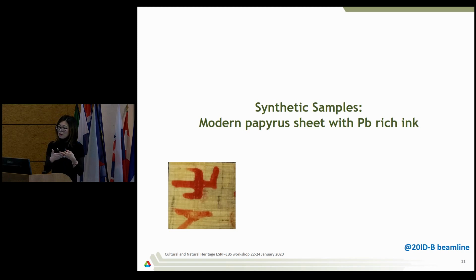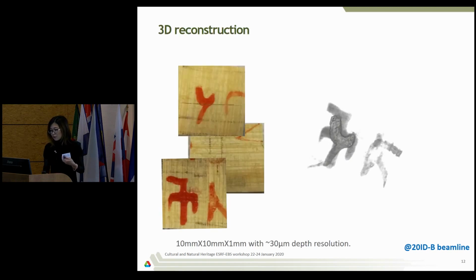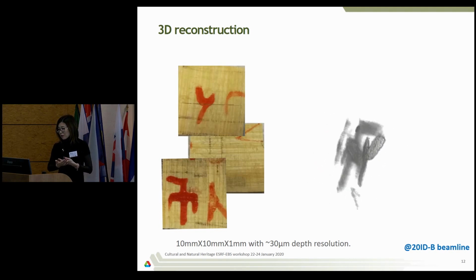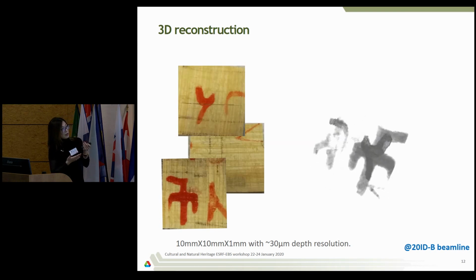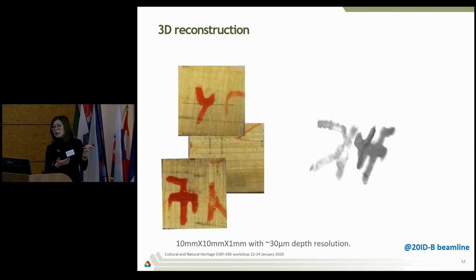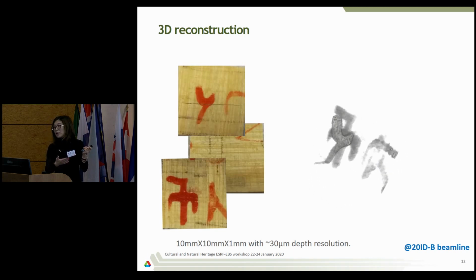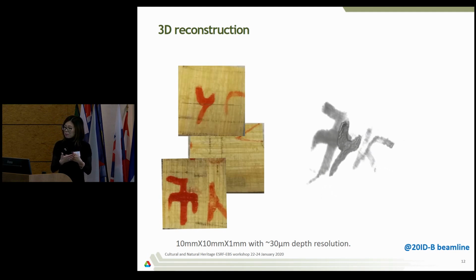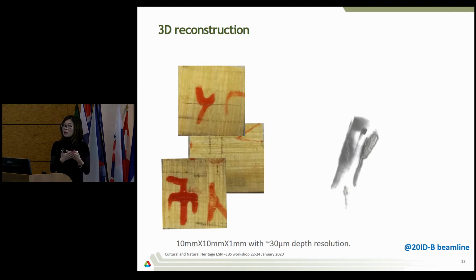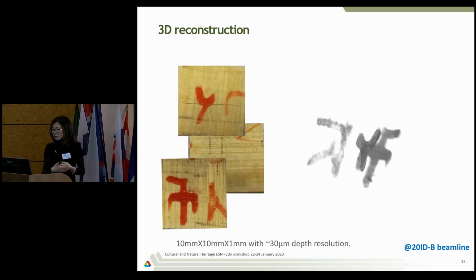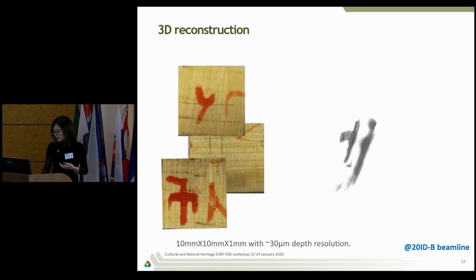We laid 3 layers, each of them with letters written in lead-rich ink. We stacked them together and then scanned it in confocal XRF mode. This is a 3D reconstruction of the lead signal. You can see we can clearly identify the letters throughout the 3 layers. They're not exactly flat, but we can clearly recover the letters from the top layer all the way to the last.